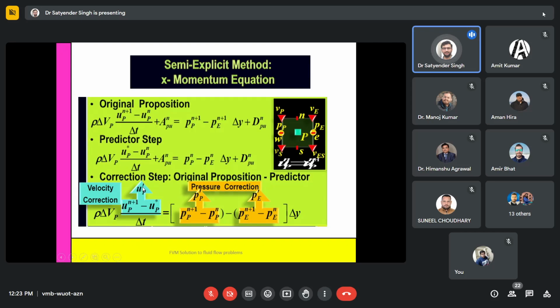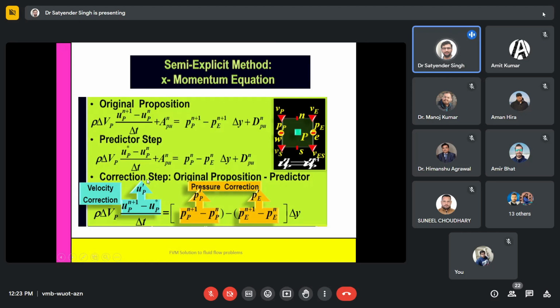So p prime I'm using to represent the corrector step, which is the subtraction of the predictor step from the original proposition. I'm representing it in an unsteady term like up n plus 1 minus up star, where up n plus 1 is the original proposition and up star is the predictor step.